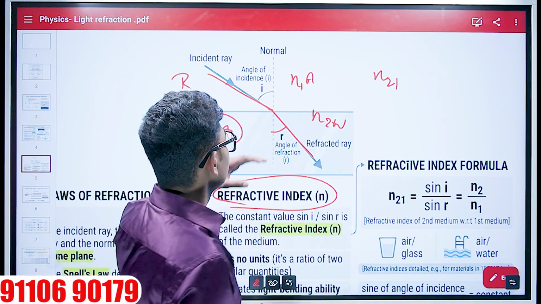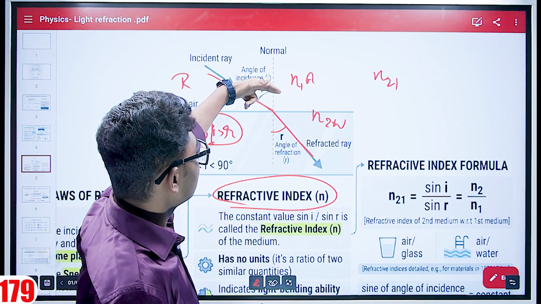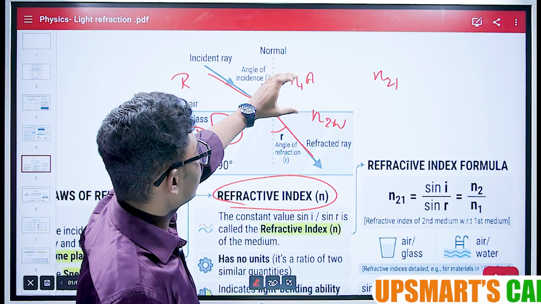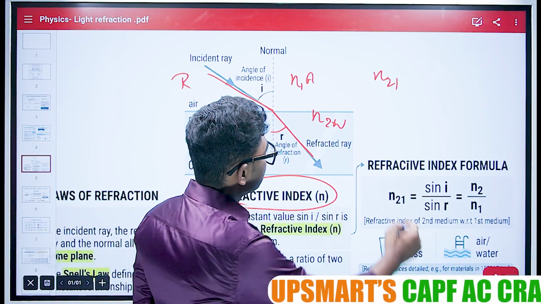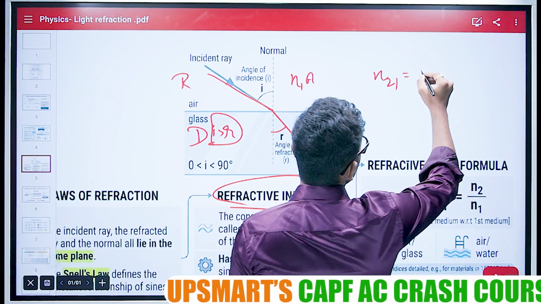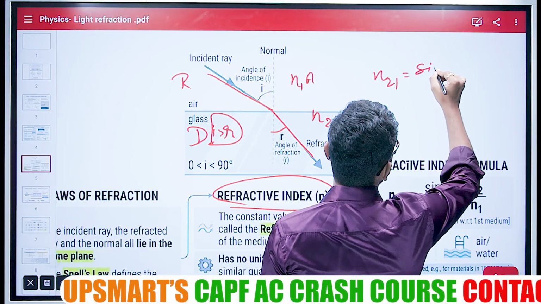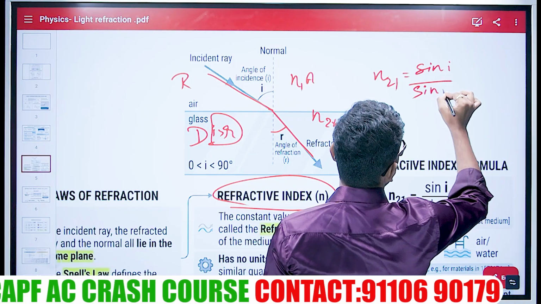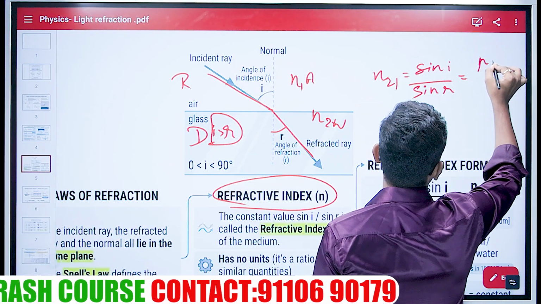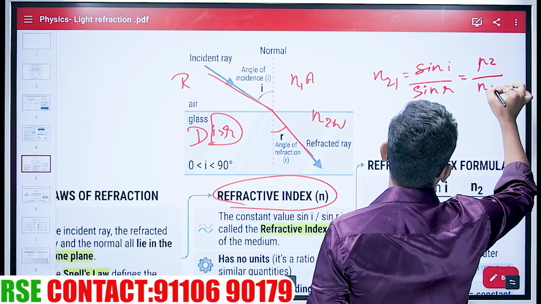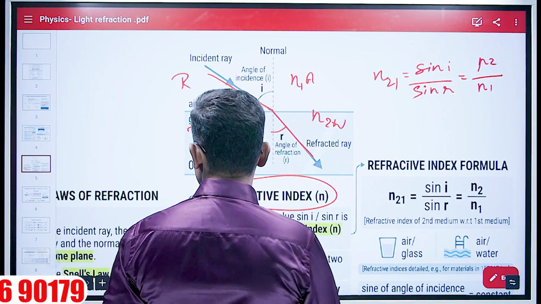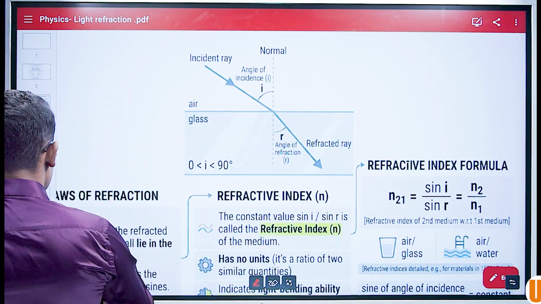So refractive index is defined as the density of air n1 and the density of water n2, that is equal to sin I by sin R is equal to n2 by n1. It is defined as Snell's law.